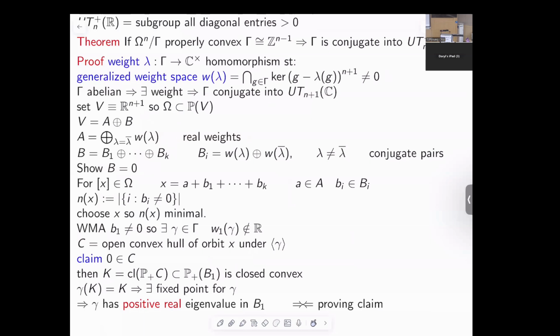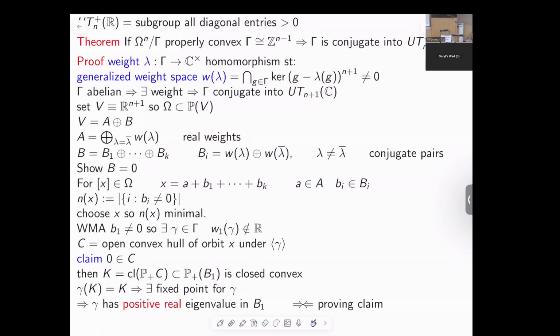Well, we pick a vector that corresponds to a point in the omega, and that vector can be written as a sum of some vector in A, and then some vectors coming out of these generalized weight spaces for the complex weights.